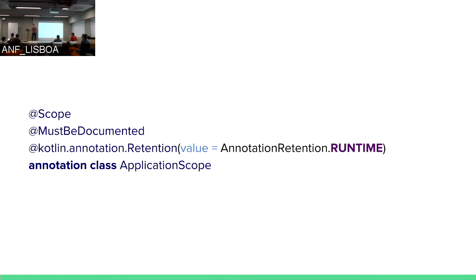If you annotate with that scope, it means that the object will live as long as the application component lives, or the application lives. Forever, it's strong. As long as your process lives, yes. So yeah, there's no process anymore, there's no VM anymore, there's no objects anymore. Forever.